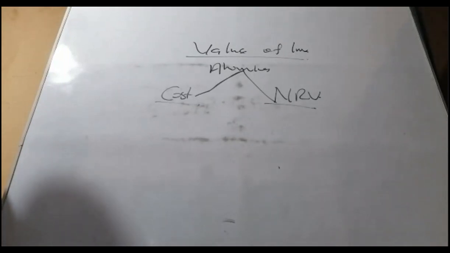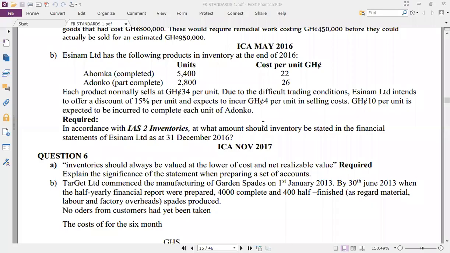Even if I'm not able to do the difficult one, I'll be able to bring the cost and the market for you. Cost of Ahomka is what? 22 Ghana cedis. Okay, so I write the cost here, 22 cedis.